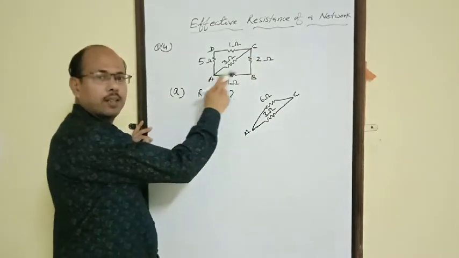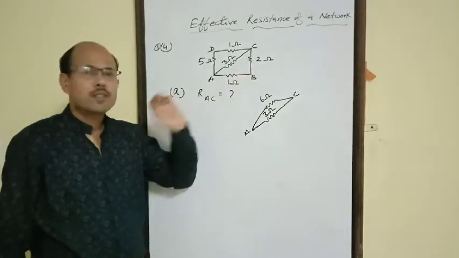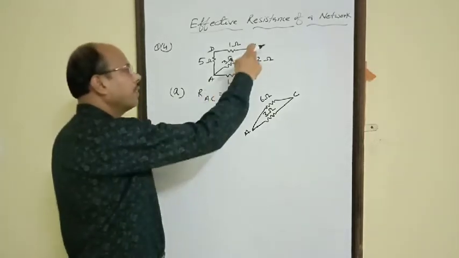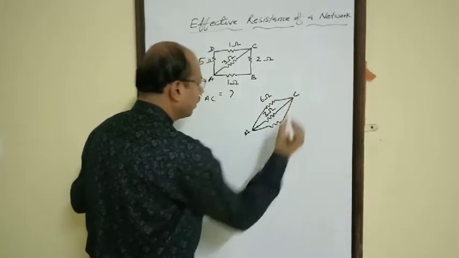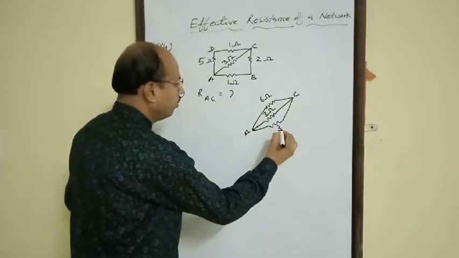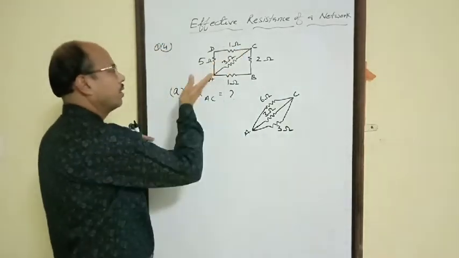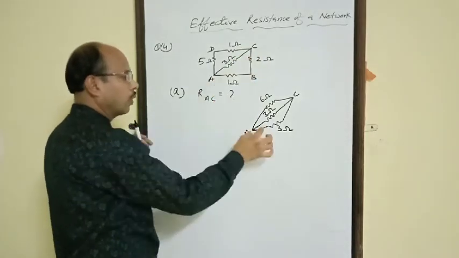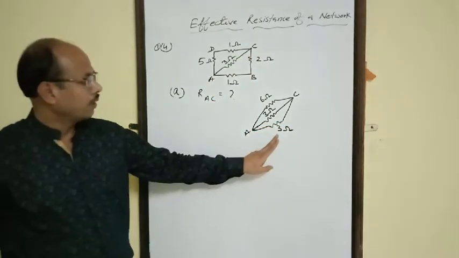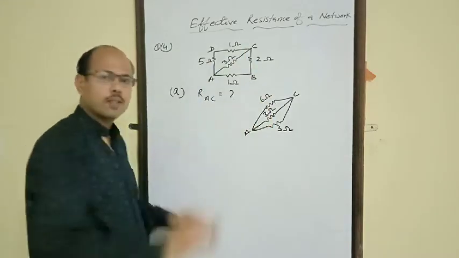Now we consider this side. Here it is A, this point is B, this point is C. Again there are two resistors and they are connected in series. Therefore I will mention this, and this is again 3 ohm. 1 ohm and 2 ohm are in series, but for AC they are connected in parallel. This is 3 ohm, and here it is 6 ohm.